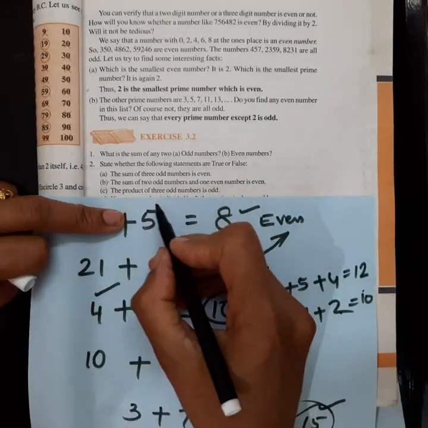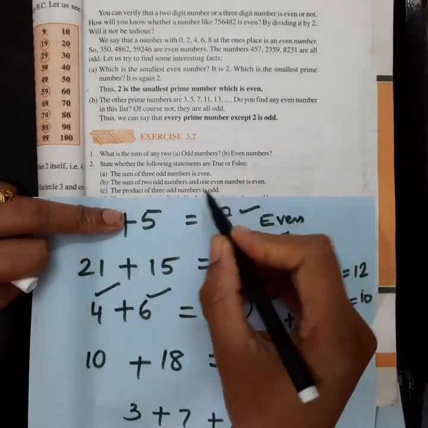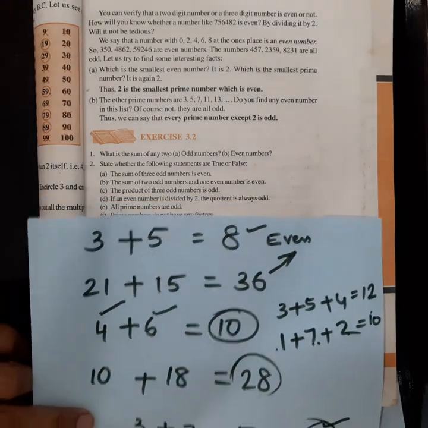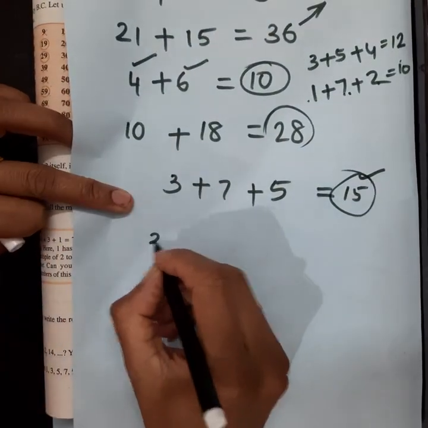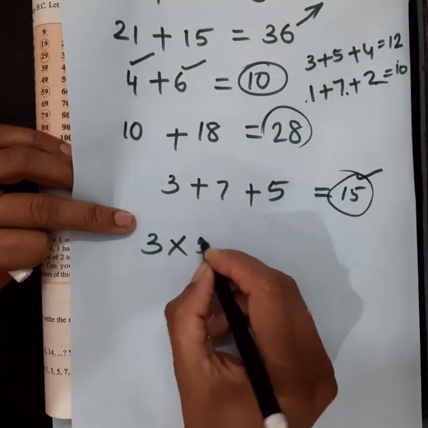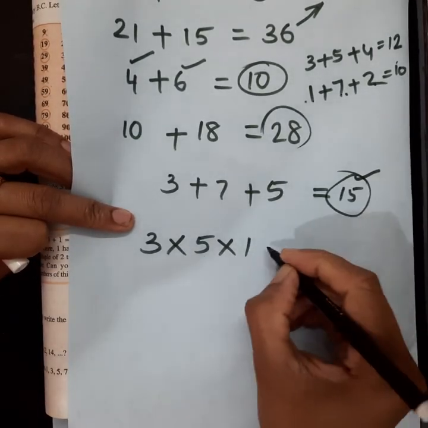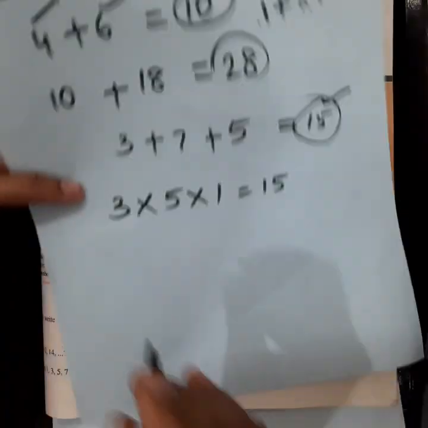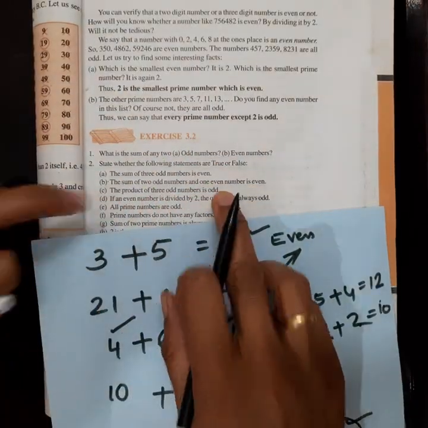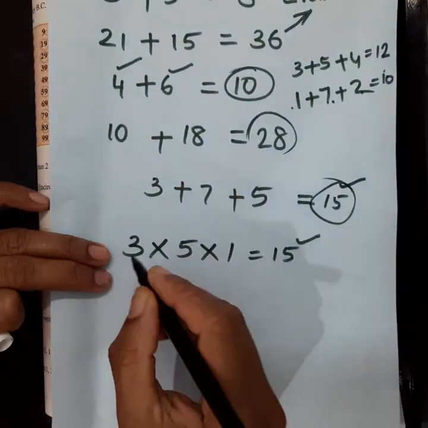The product of three odd numbers is odd. Three fives are 15, 15 into 1 is again 15. Yes, we are getting an odd number.